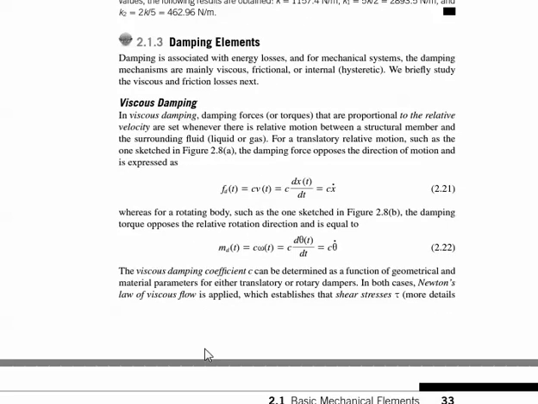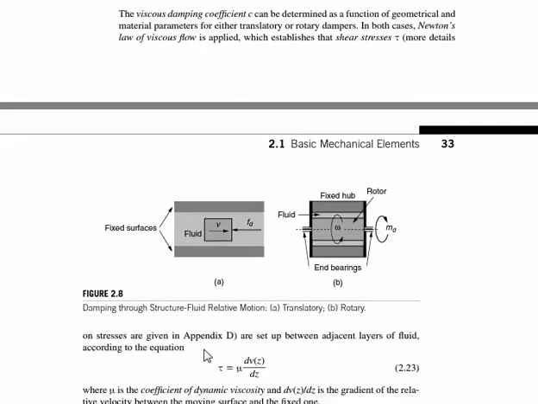Viscous damping: the idea is you've got some mass moving through a fluid, and there's a stationary fixed surface and a moving surface, and between those two surfaces there is a fluid. There's shear stress on the fluid and a velocity gradient. The fluid against the stationary wall has zero velocity, and the fluid against the moving mass has a velocity essentially equal to that of the mass.